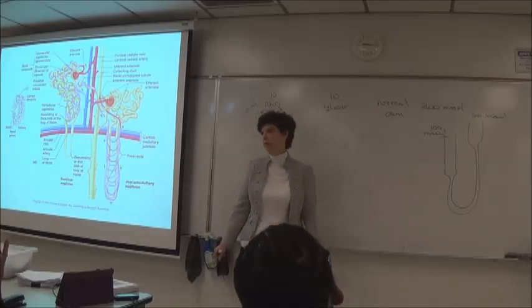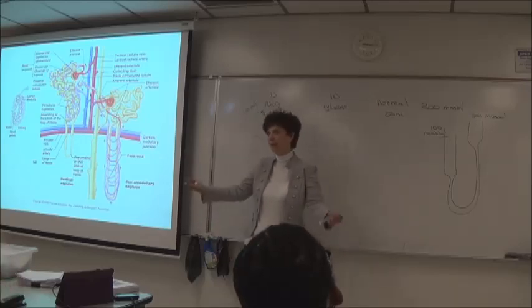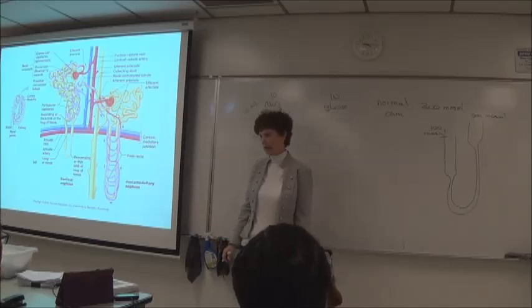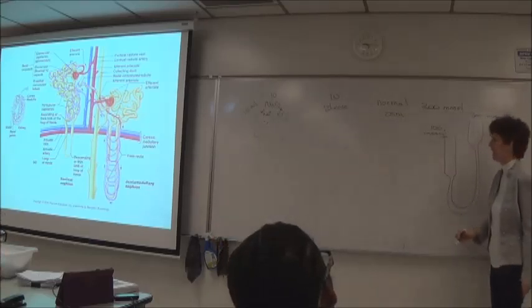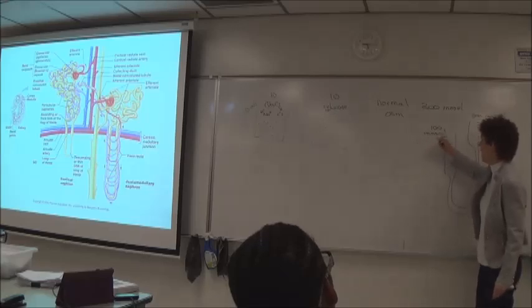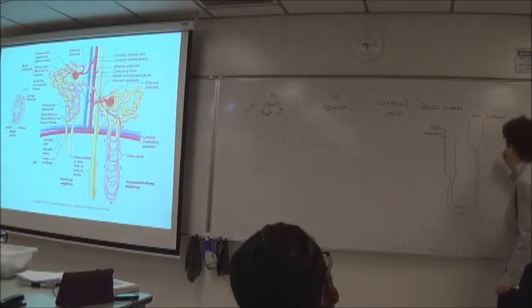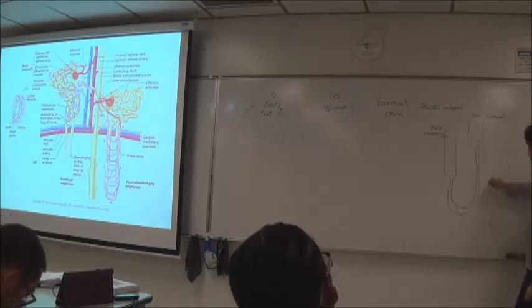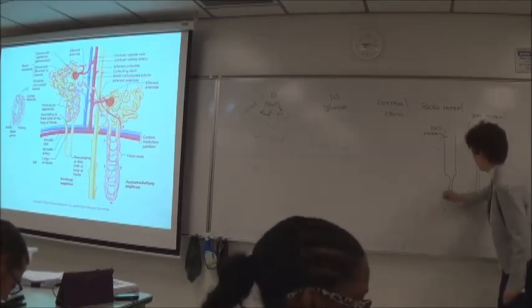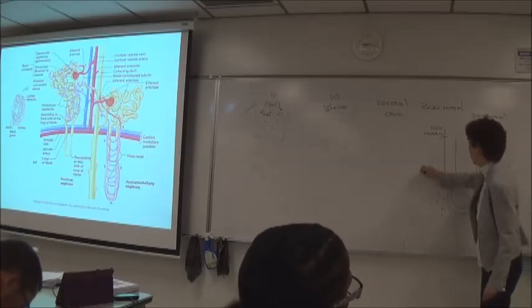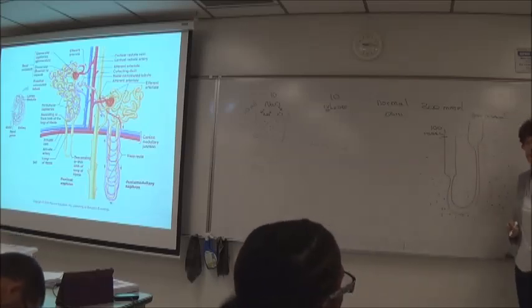What happened to those 200 milliosmoles? What happened to those particles of sodium? They are removed from the filtrate, and they are used to set up a gradient of particles that is more highly concentrated at the base of the loop, at the actual loop itself, than it is up here.